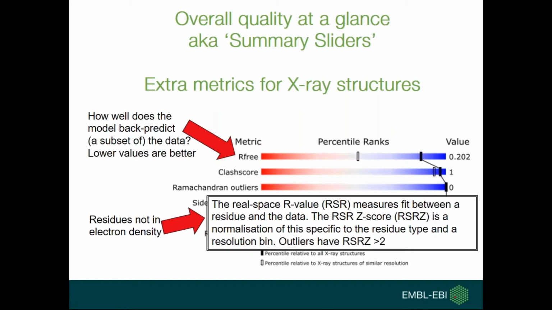It measures the fit between the amino acid or the nucleic acid and the data. And the Z-score is a normalization of that, particular to the residue type and the resolution bin. So we ask the question, how well does your arginine fit the data? And then, how does that compare to all other arginines at a similar resolution?